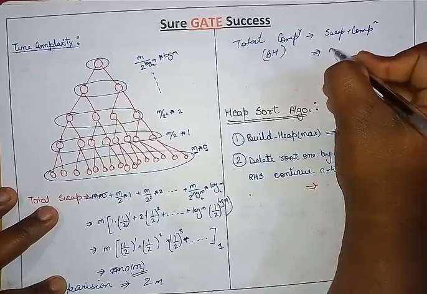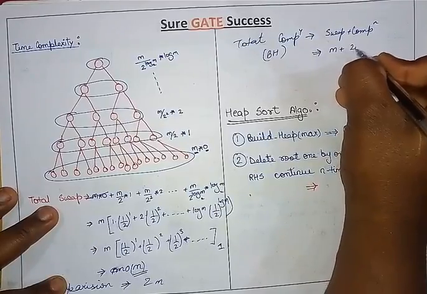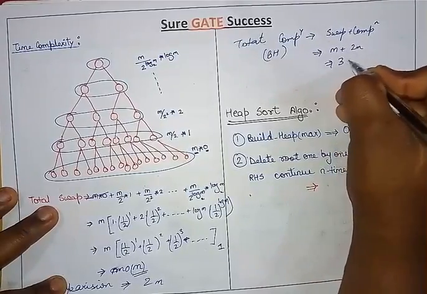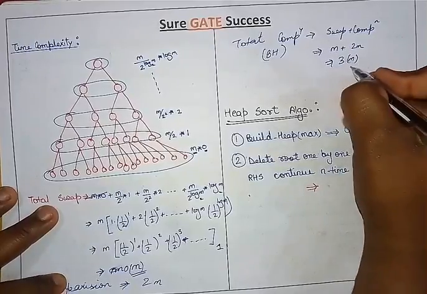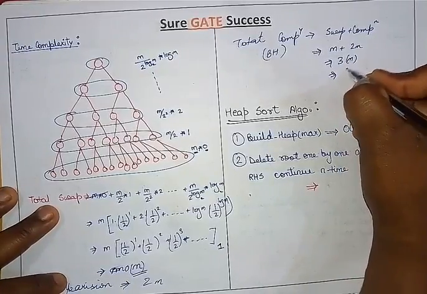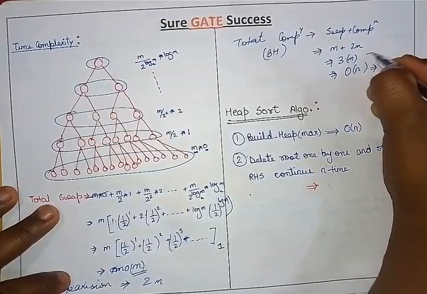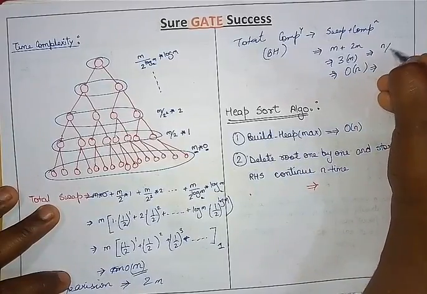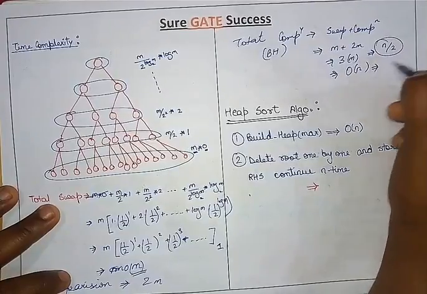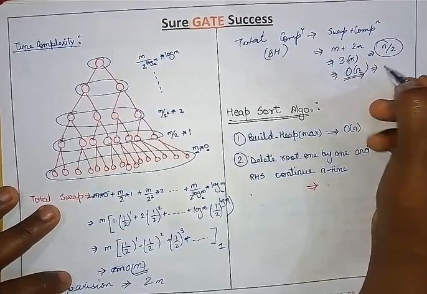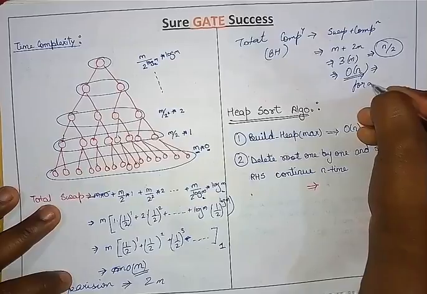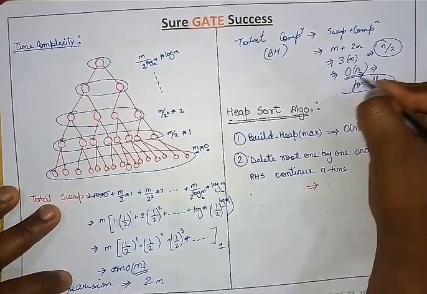How many swaps are there? m, and comparisons are 2m, which is nothing but 3m. It is asymptotically equal to big O of m. Here m will be nothing but n by 2, so it is asymptotically equal to big O of n for all n.